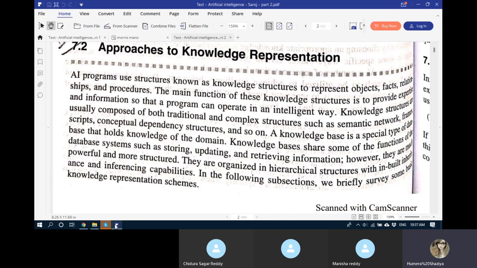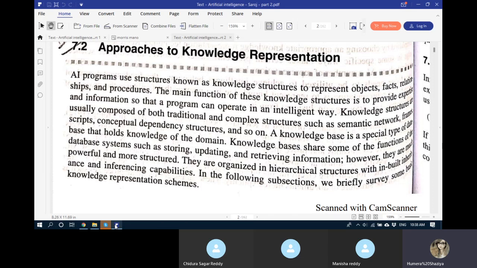Try to remember it. A knowledge base is a specialized kind of database. The similarity is that both support storing, updating, and retrieving of information. However, the difference is that a knowledge base is more powerful and more structured than a database.